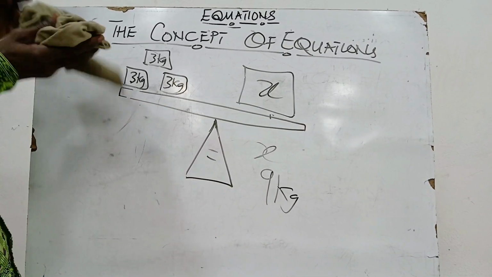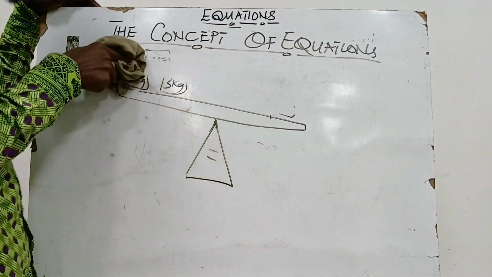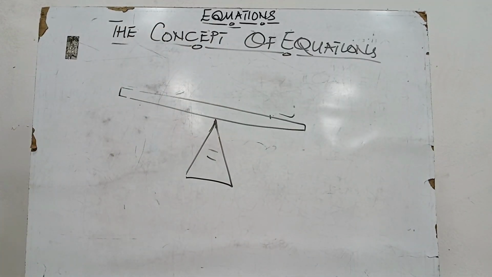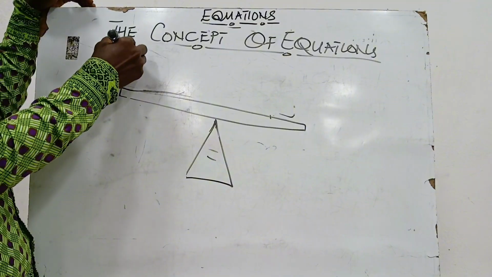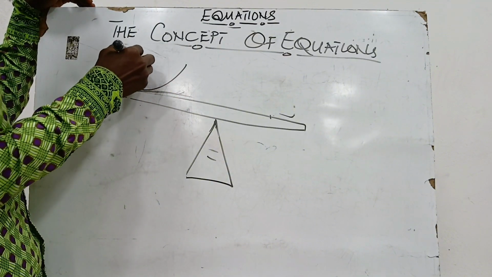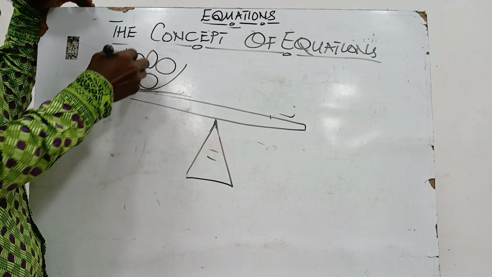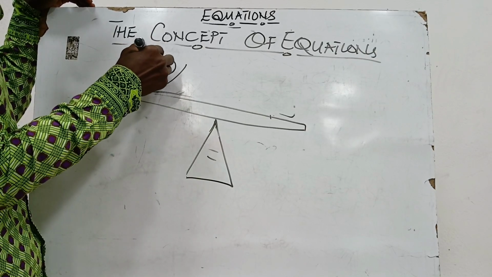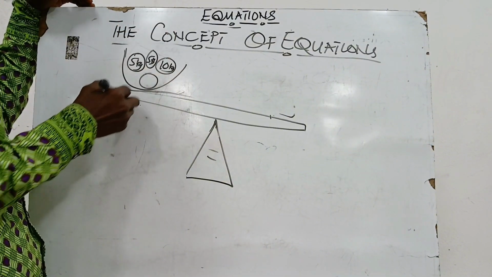So I want you to solve this and drop your answer in the comment section for me. So let's see. I have a basket full of 5 kilogram, 5 kilogram. This is 10 kilogram.